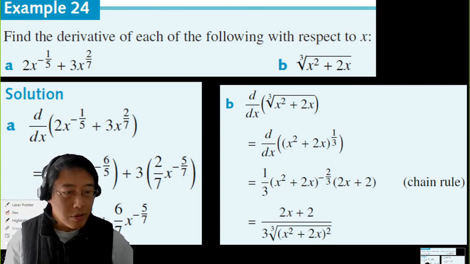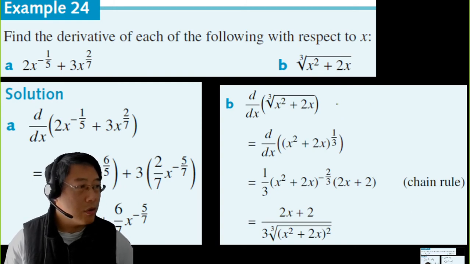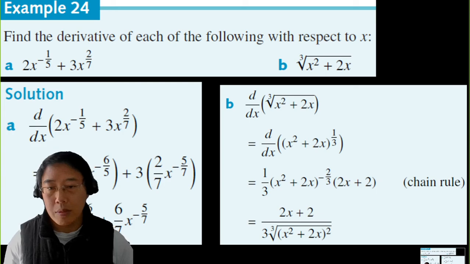Let me try to do that using the Leibniz notation. So what we're going to do is, can I just actually do that on paper? I'll do that on paper because I don't think I can do that properly.